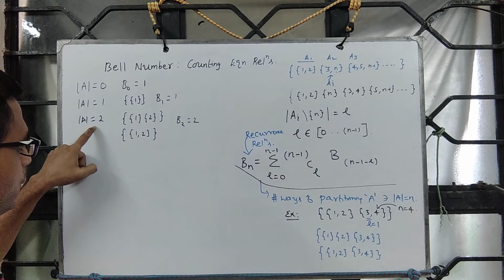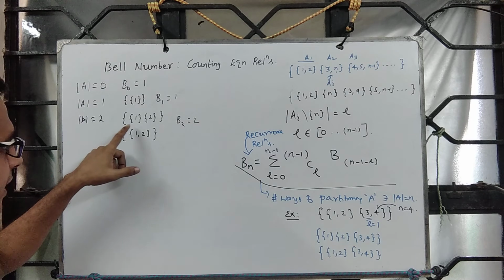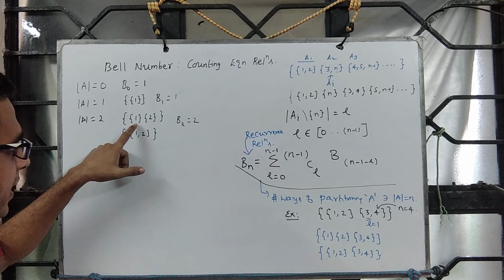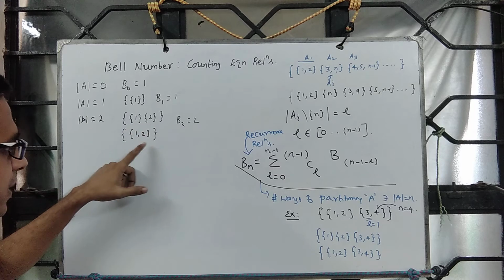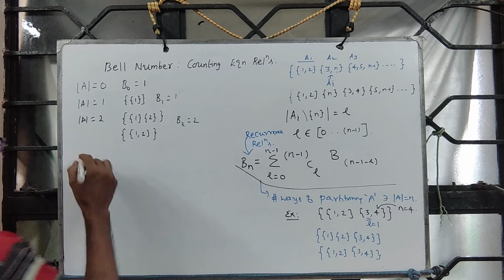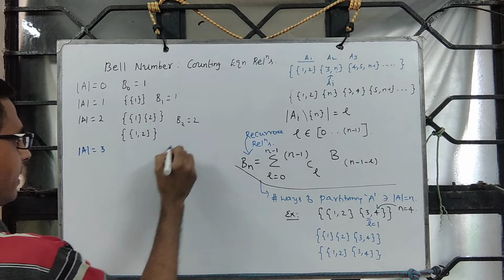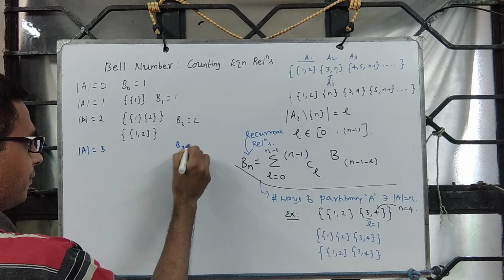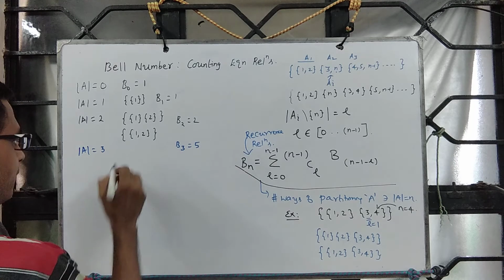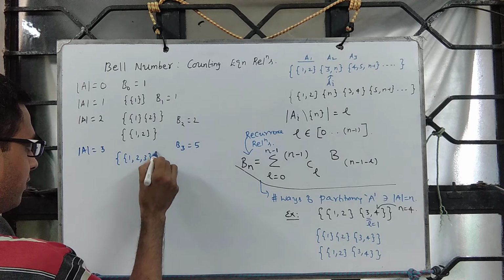When A is 2, there are two equivalence relations. Subsequently, you get two partitions. One is 1, 2 as separate classes. Another one is 1 comma 2 together. So there are this many. When A is 3, we get 5 of them. For example, this is one partition.